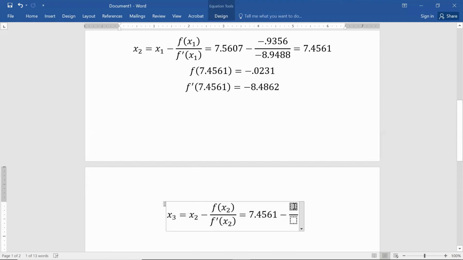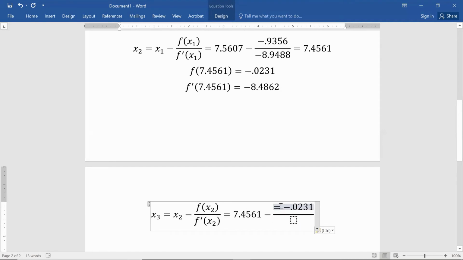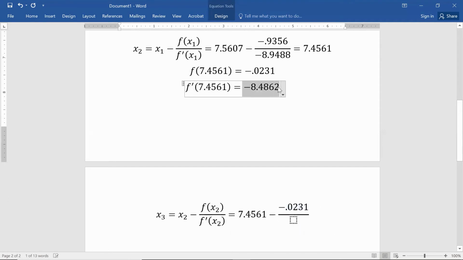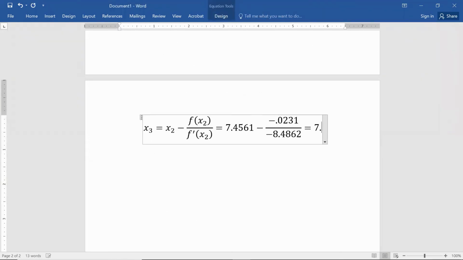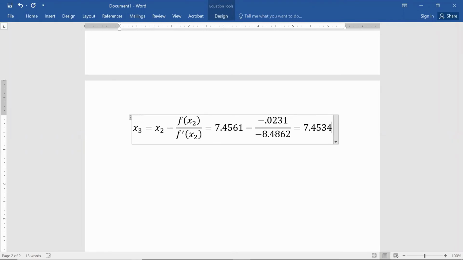We take the function value in the numerator and the derivative value in the denominator. I end up with 7.4534. So we're kind of honing in on where this is going to be.